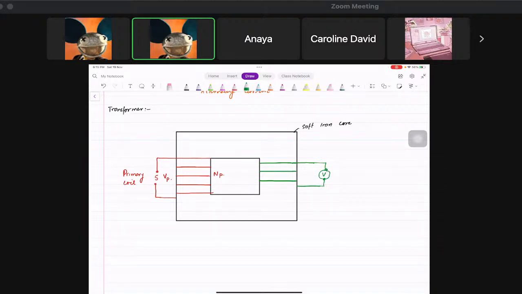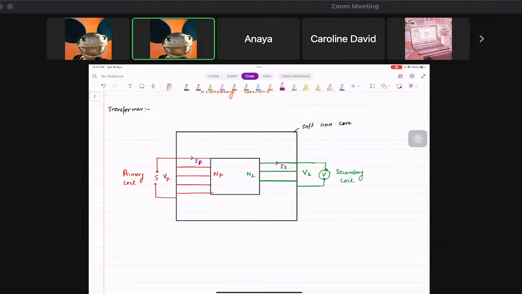This is the secondary coil, and the voltage it gets is VS, and number of turns are NS, like that. The current in this one is IP and the current in this one is IS, so we will remember that.